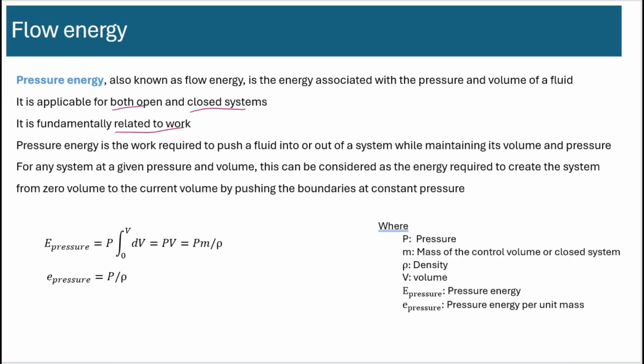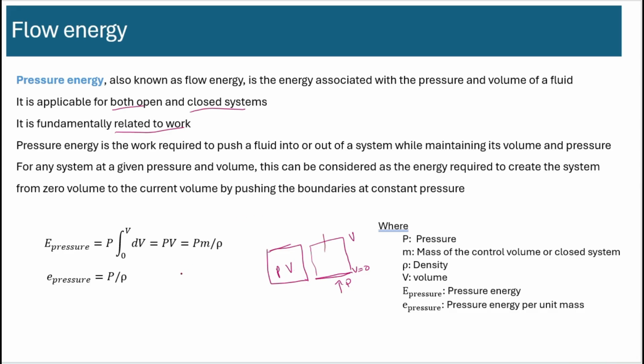So you can think of it this way. Let's say you have a system at a certain pressure and volume, okay? Now the energy that was needed to create the system, where the volume was zero and you are applying a pressure, and then the amount of work needed to create a system from volume V equal to zero to a volume V equal to V, or the current volume, is the pressure energy.